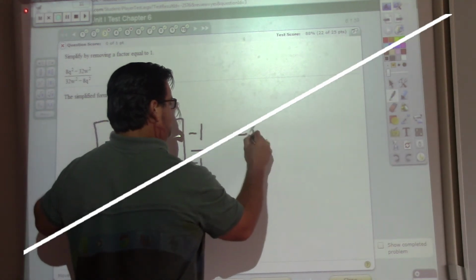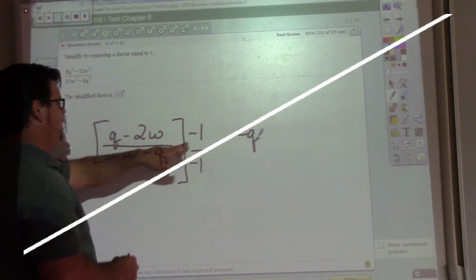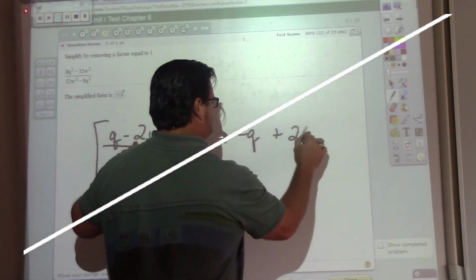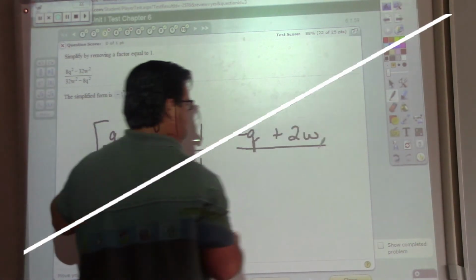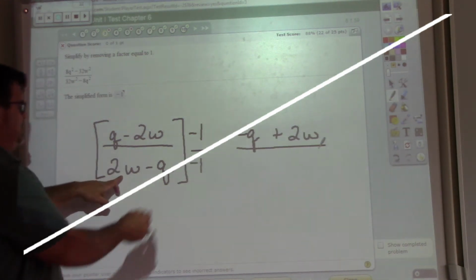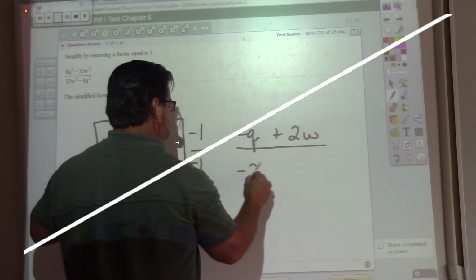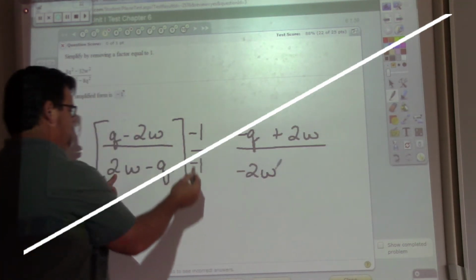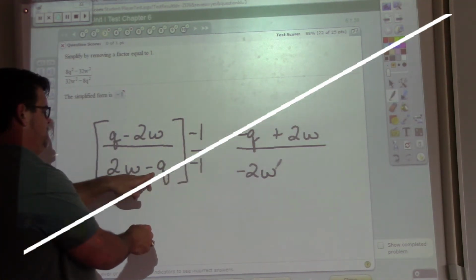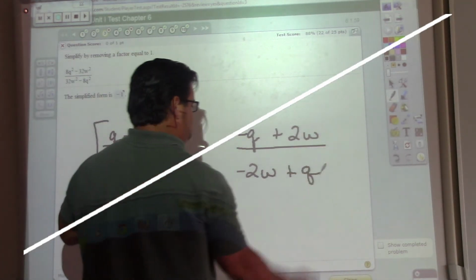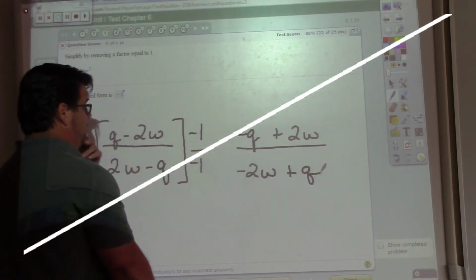Negative Q. And negative 1 times negative 2W is positive 2W, over negative 1 times 2W is negative 2W. And negative 1 times negative Q is positive Q, so it does make it.